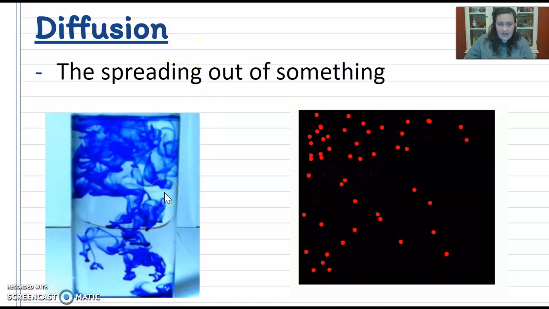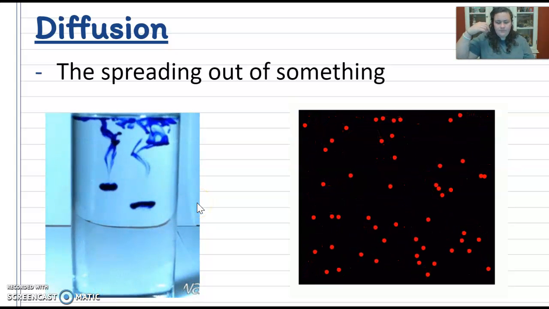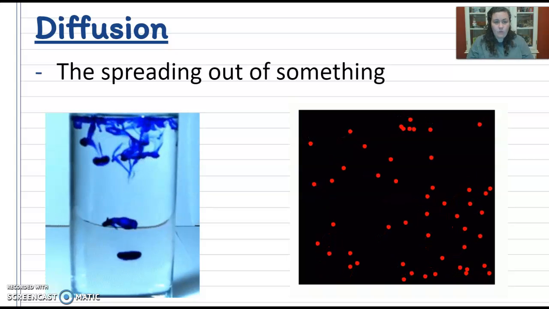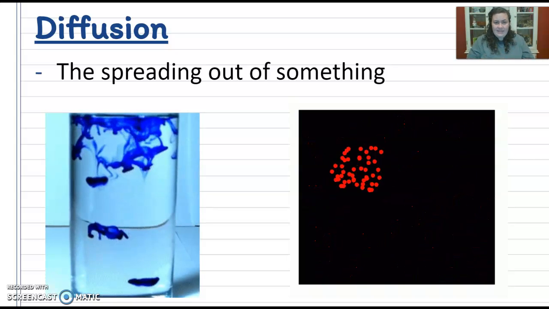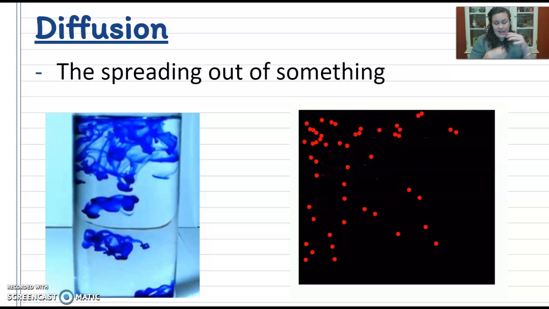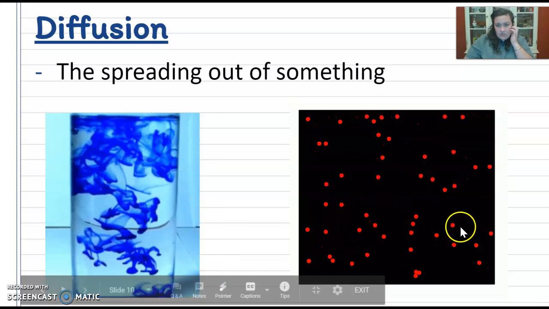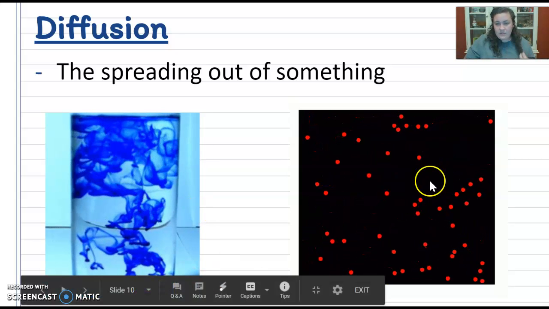So on the left here, we have a GIF of somebody dropping some food coloring into a glass of water. And if we let that sit, all of that food coloring will eventually diffuse or spread out to fill that glass of water. Over here on the right, we have a GIF of this happening with gas.